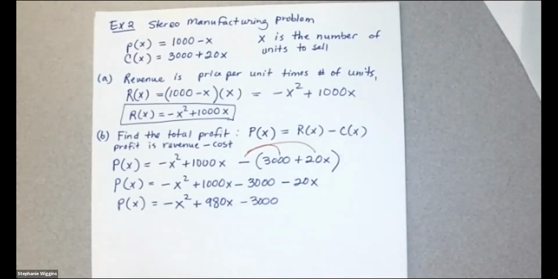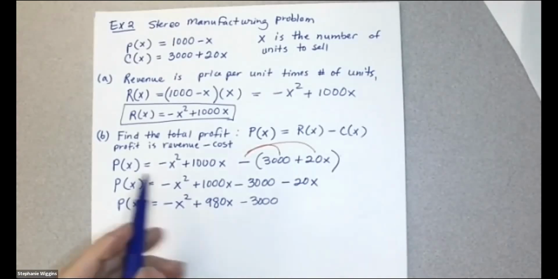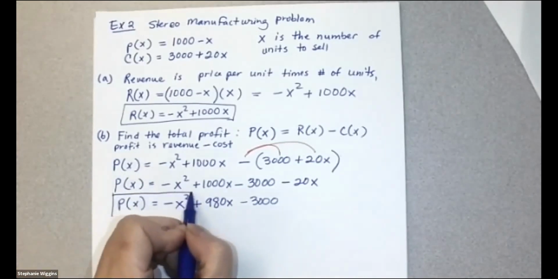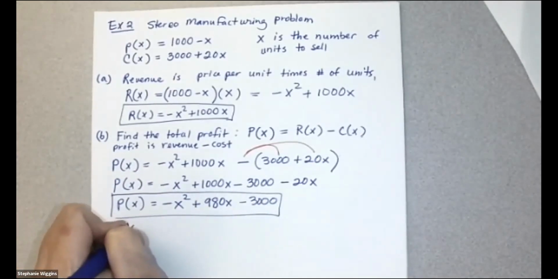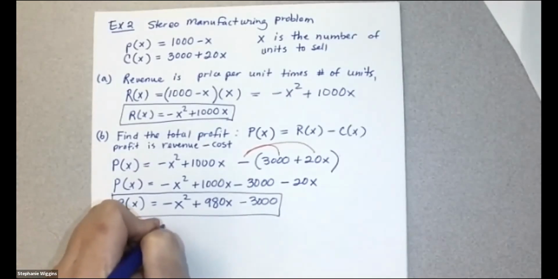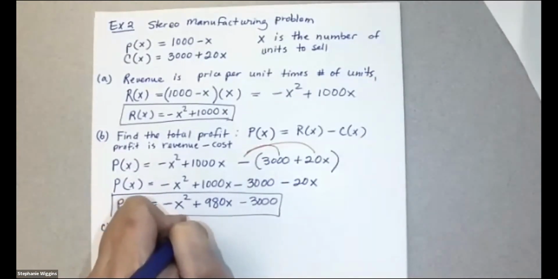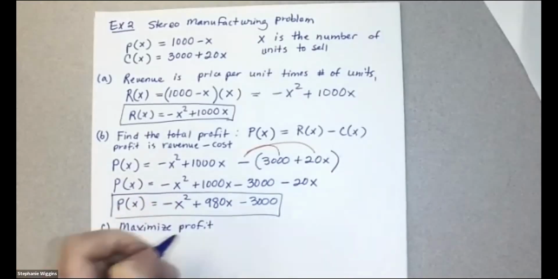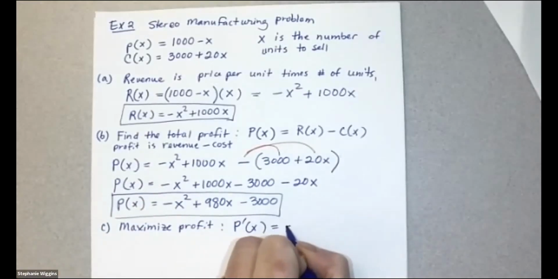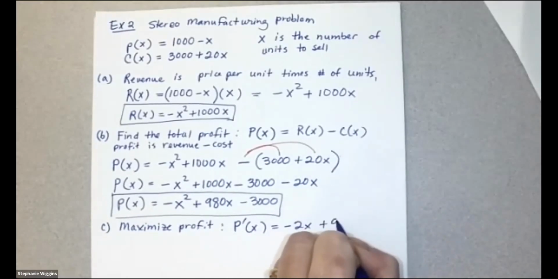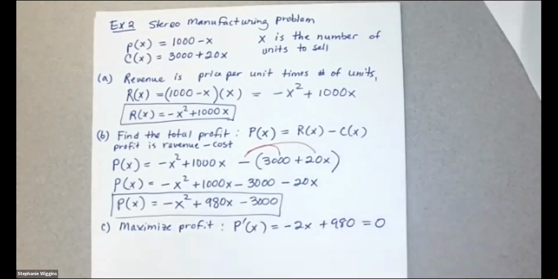Now I want to maximize profit. So I've got my profit function, that's part B. Now part C is to maximize profit. So you're going to take your derivative and set it equal to 0.